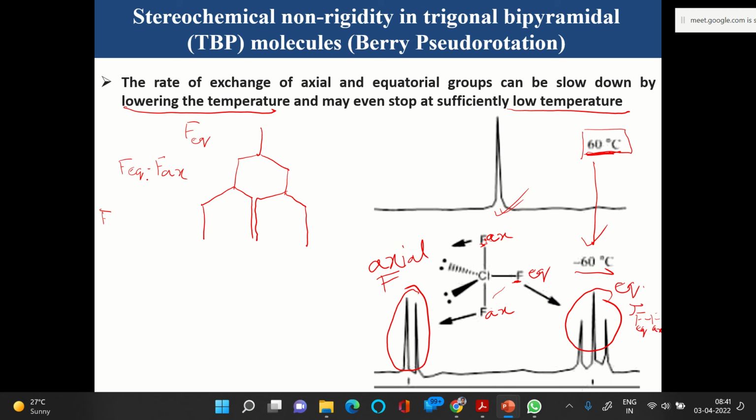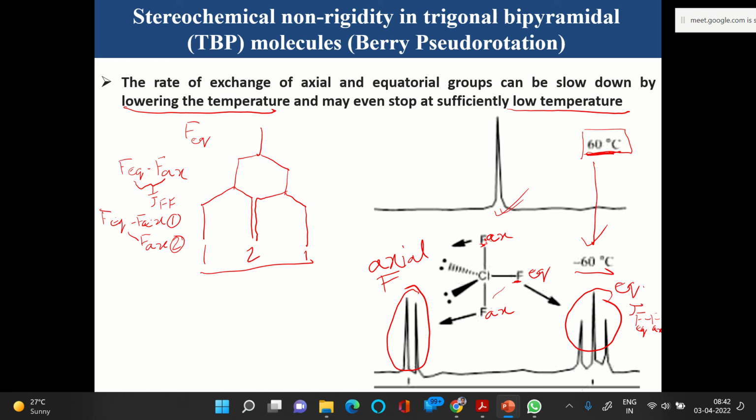This is the J FF we are talking about. Then you have another interaction, F equatorial with the second axial F, and together you get 1:2:1. So this is what happens for the equatorial one.